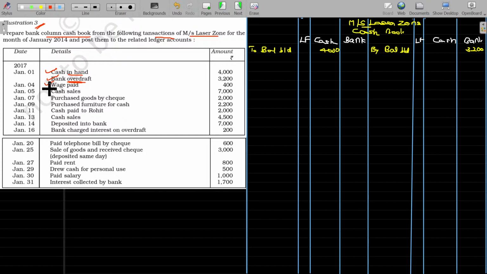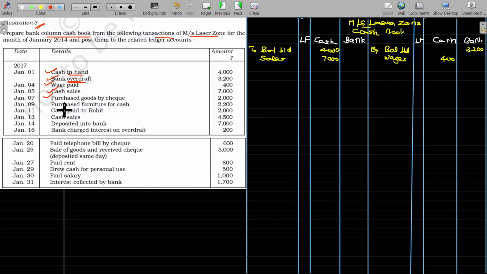And on 4th, wages paid. In the payment side, wages. I assume that the payment is by cash, so in the cash column, 400. Cash sales, the amount is going to be received in the receipt side, sales. I assume the money is received in the form of cash only, 7,000.